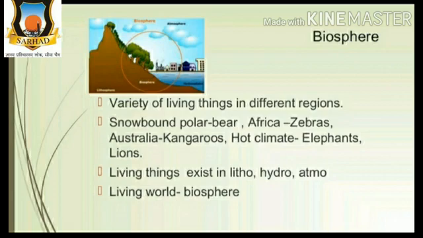These animals are not found in any other regions. Elephants and lions are found in regions of hot climate. Plants in all these different regions also show a great variety. This variety is characteristic of those different regions.